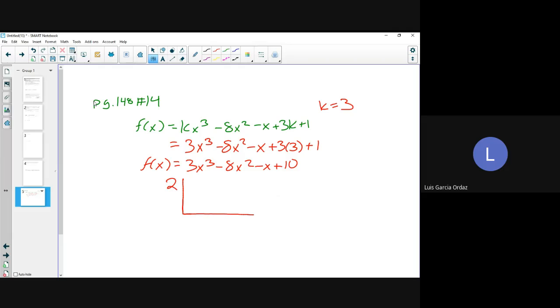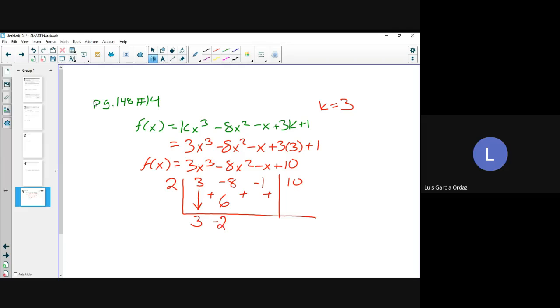2. We're going to write down our coefficients. So we have 3, negative 8, negative 1, and positive 10. So as usual, the first one is dropped. Okay. What is 3 times 2? 6. Negative 8 plus 6 gives us negative 2.